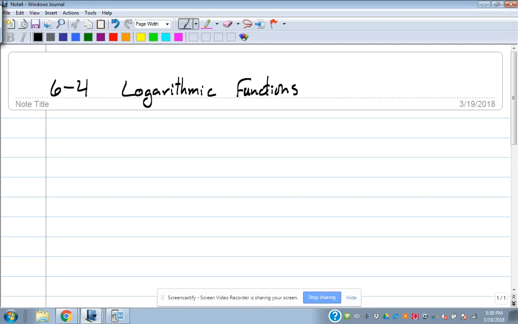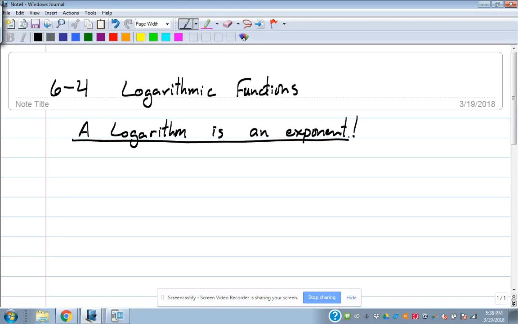Logarithmic functions. Logarithms. A logarithm is an exponent. That's what you've got to remember. A logarithm is an exponent.